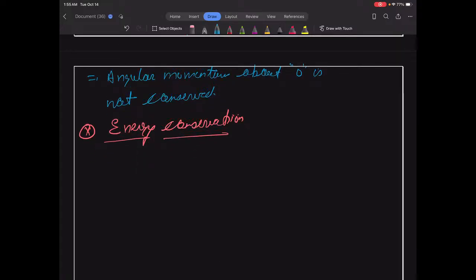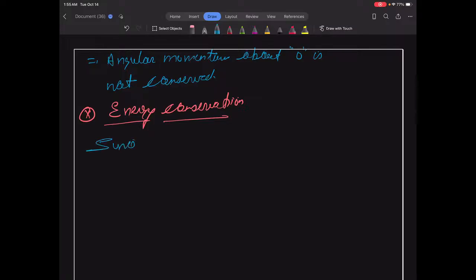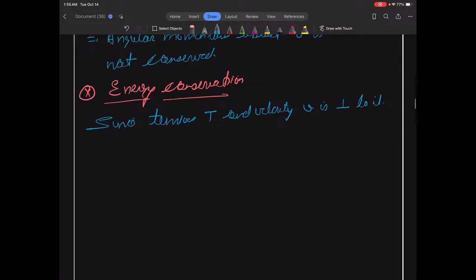So we know that since tension T and velocity v is perpendicular to it, therefore instantaneous power P, that is T dot v, will be equal to 0.